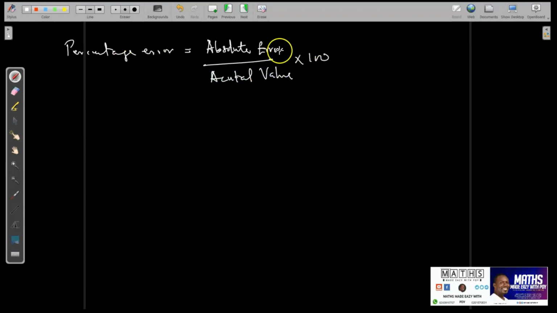Remember, we said that percentage is just converting a fraction to 100, multiplying by 100. So in other words, absolute error over actual value, what does this expression give us? Relative error times 100. Exactly. That's why I said that if you don't know your relative error, you can never get your percentage error.